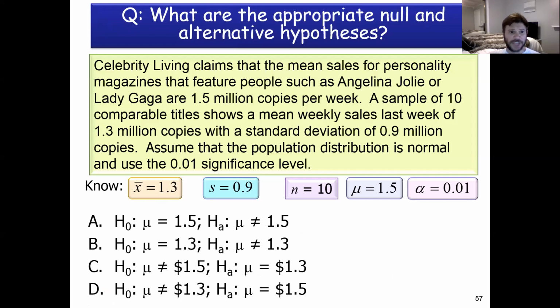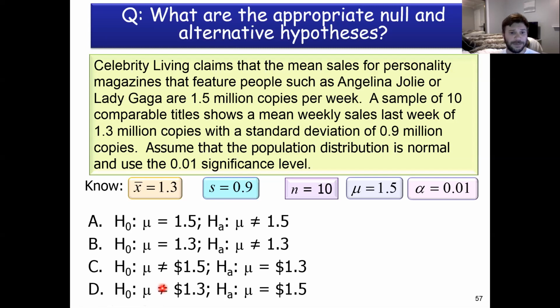Note that our sample evidence is showing that this is a little bit lower than the claim. Our claim, that 1.5 million copies per week are being sold, is going to be our null hypothesis. And remember, the null has to have some form of equality when we're talking about hypothesis testing for the mean. So that eliminates both C and D almost immediately, since there are inequality symbols there.